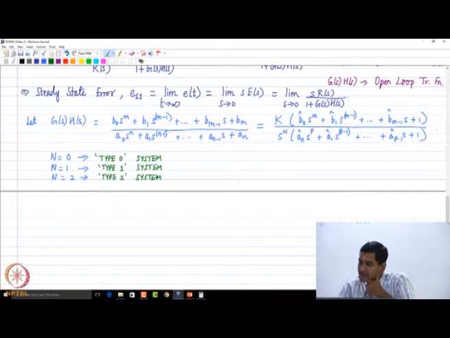Did I make a mistake here? Yes, okay, what is P? Let me write it here. So n plus P is equal to small n, sorry. Okay, that order is preserved.